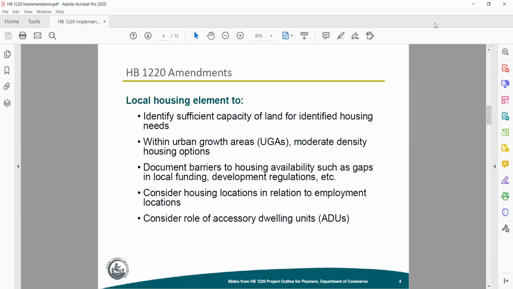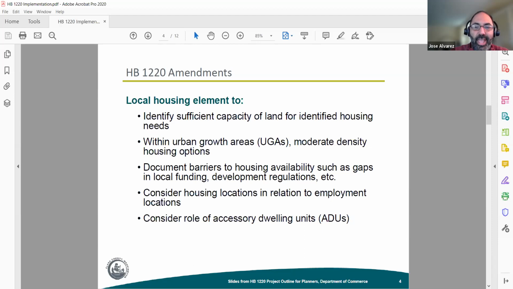So there are some requirements to update our local housing element, identifying sufficient capacity of land for identified housing needs, which is similar to what we do for the vacant buildable lands model, which is more tied to land. This is really tied to these specific income bands, and we'll get into more detail on that later. Trying to provide moderate density housing options, which is part of what the HOSAP is trying to do.